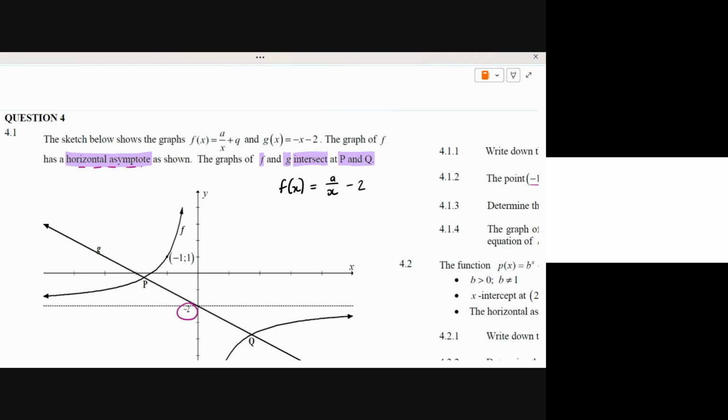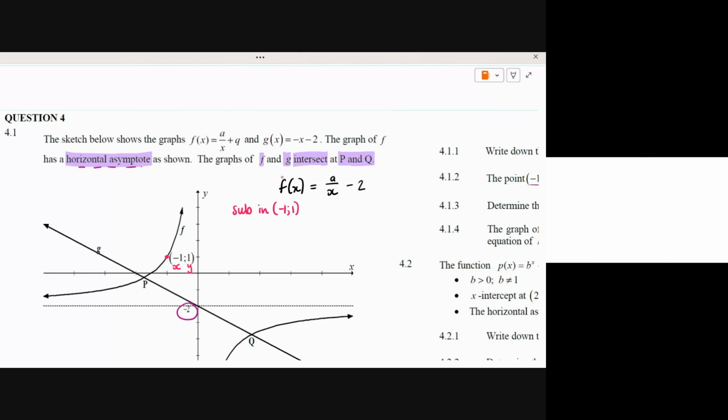Amazing. Now they tell us that they've given us a point on the hyperbola. So I'm going to sub in the point -1 and 1. This first value is my x value, and the 1 is my y value.